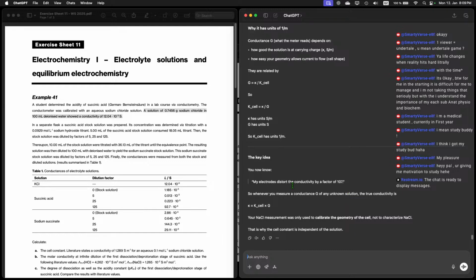My electrodes distort the conductivity by a factor of... So it's distorting the value of the standard literature value of 1 to 1.289.